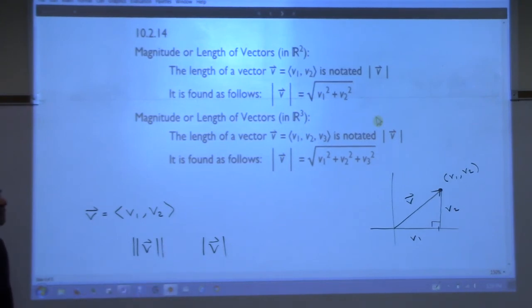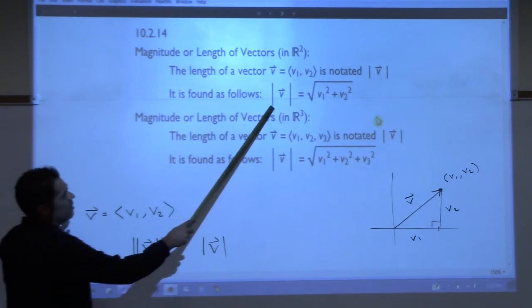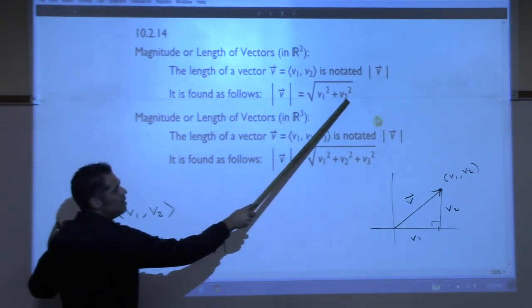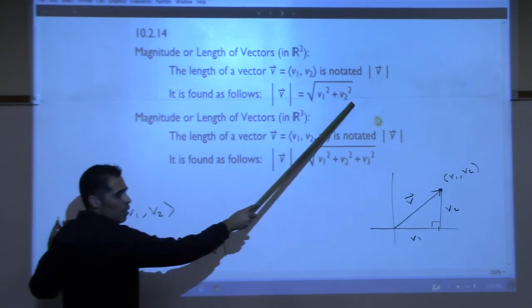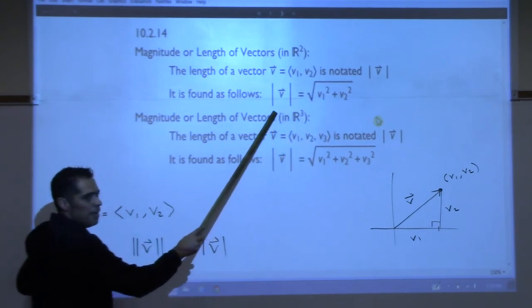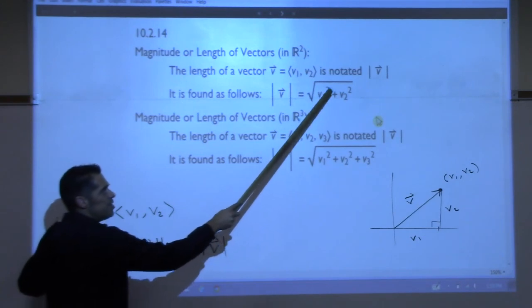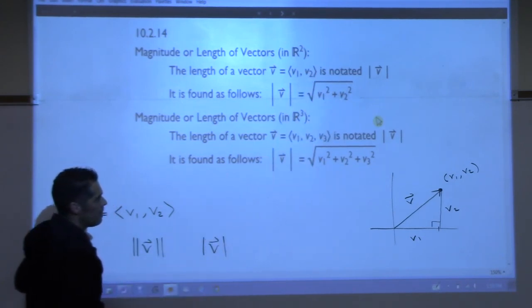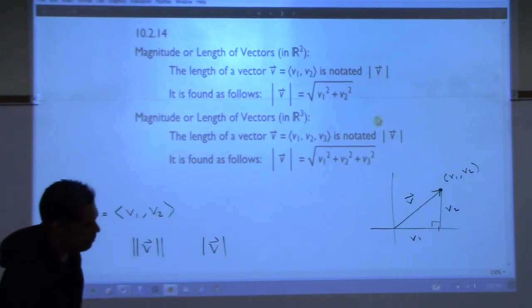All right? So the length of the vector v is the square root of the sum of the components squared. Hear me say that? And in R3 it's the same thing, but again, we're ignoring this.